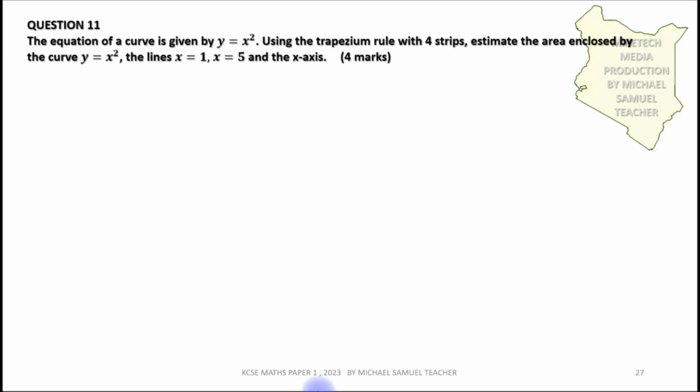So in this case, we have the curve y equals x squared.